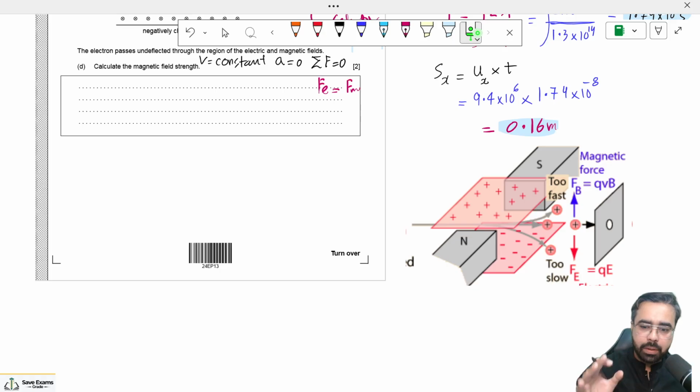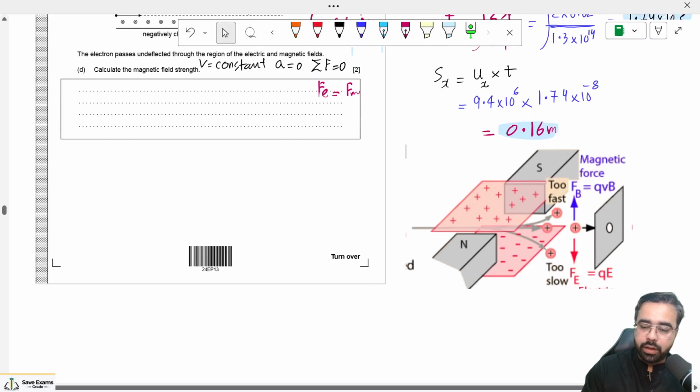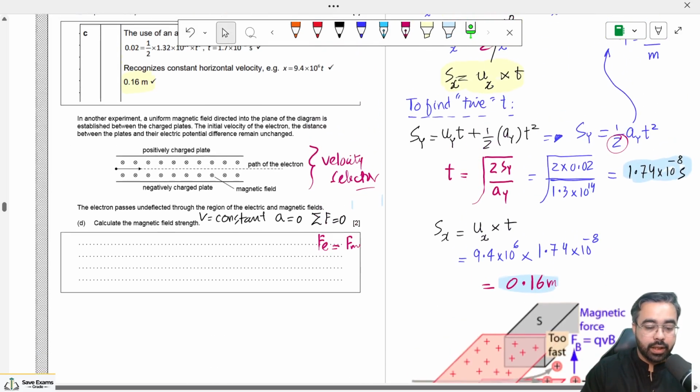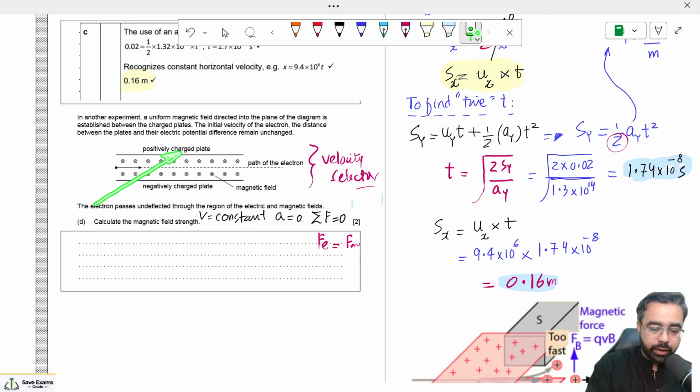If we make such a setup, where the magnetic field is going into the plane, in the z direction, and the electric field is going downward along the y-axis, whereas an electron is going in the x direction, then there is a possibility that at a certain velocity it can go undeflected. And we have to find the magnetic field.